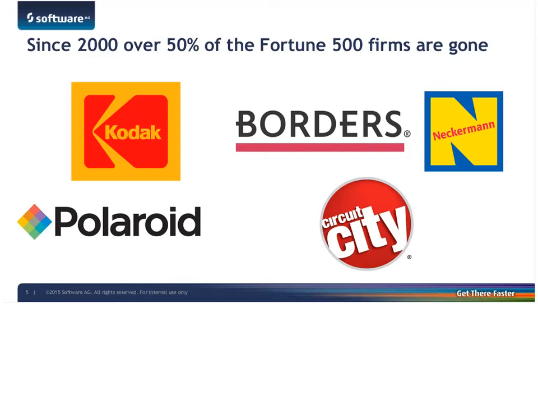Kodak, kind of the same story. In the 20th century, Kodak was one of the world's powerhouses. Also in the 90s, it was regularly rated as one of the most valuable brands in the world, and Kodak ran out of business. When digital photography took off, Kodak wasn't simply ready for it. When Kodak tried to cope with digital change and follow the digital photography path, it was simply too late.